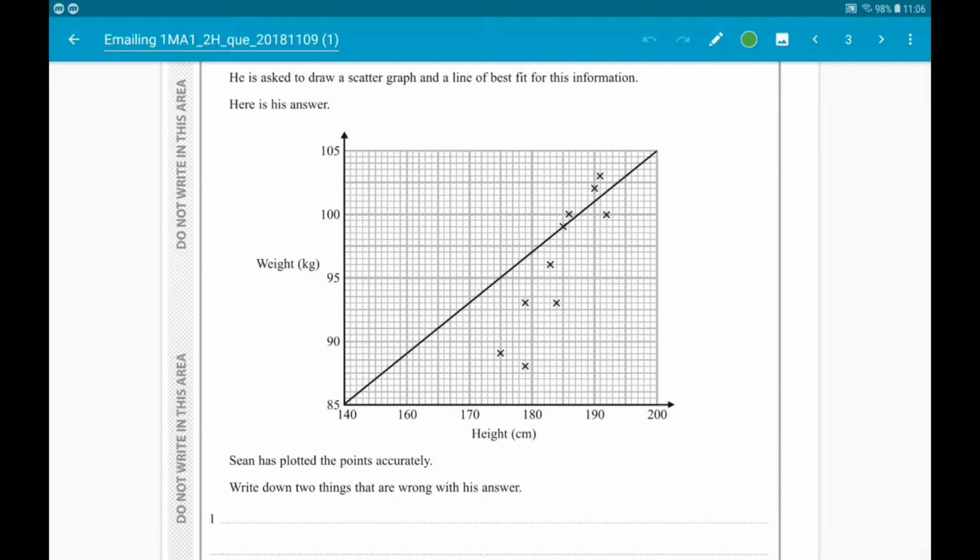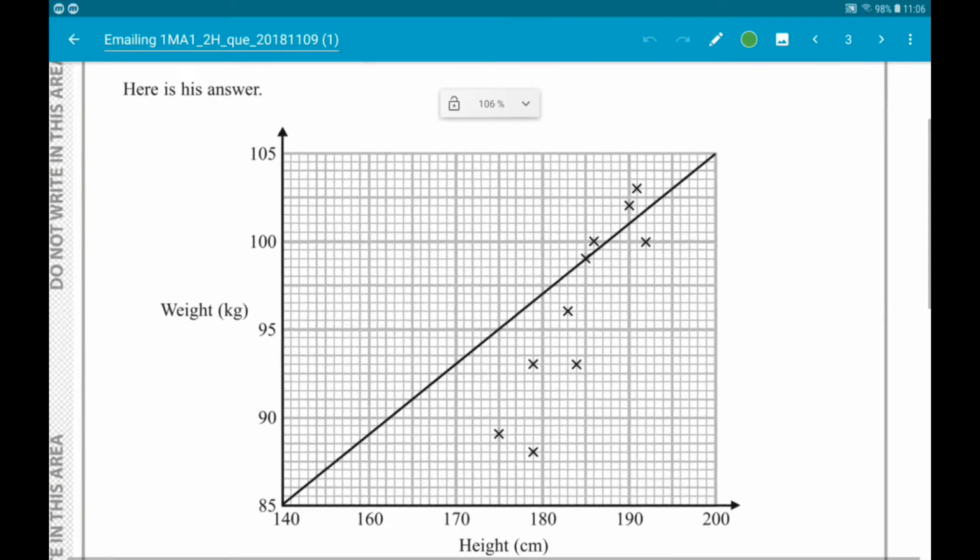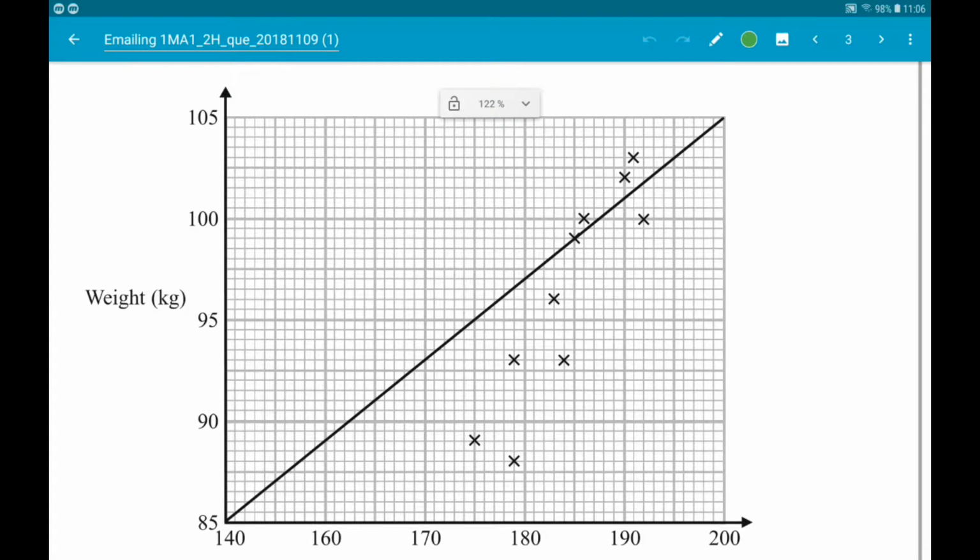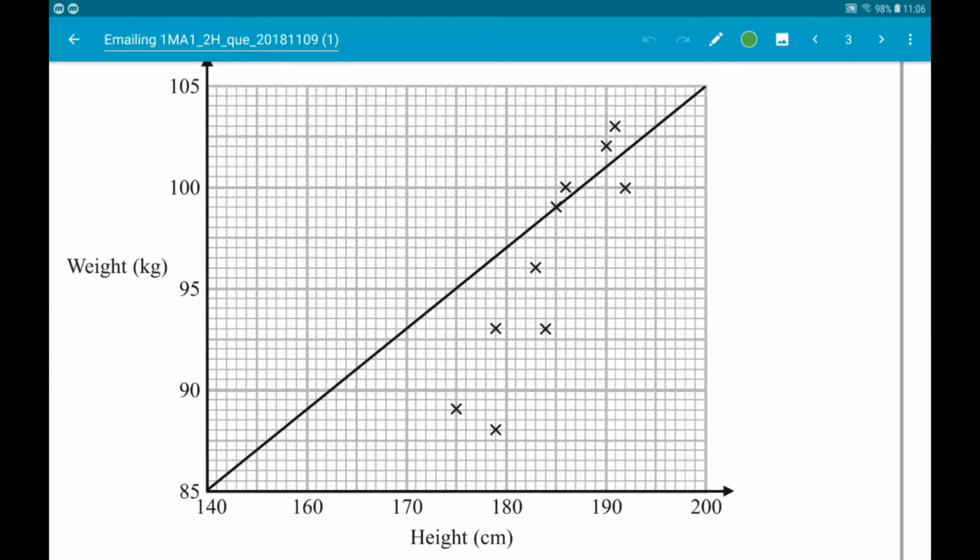So the first one that hopefully is quite obvious is the line of best fit does not fit the data very well. It should be something more like that, maybe. So that would be the first thing we would say. Now the other thing took me a second to spot.